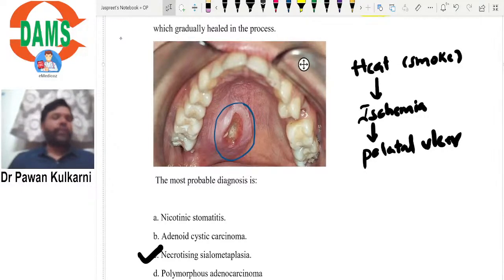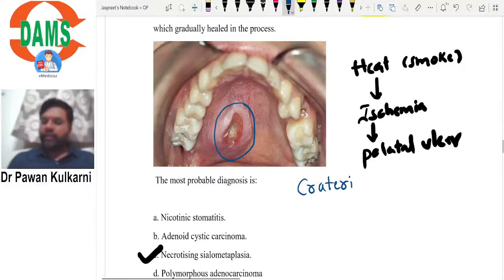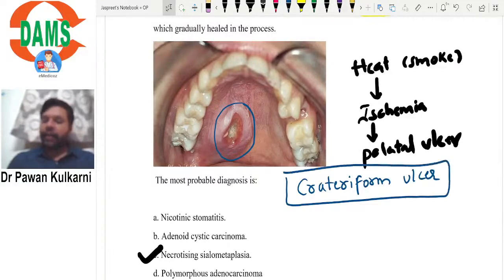How does it look? It looks like a deep ulcer. So the ulcer that is described here is a crateriform ulcer. So in necrotizing sialometaplasia, typically a male patient who is a smoker has a deep, large crater-like ulcer that is seen on the palate.